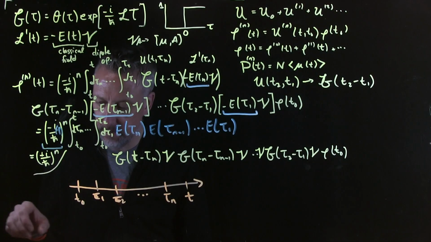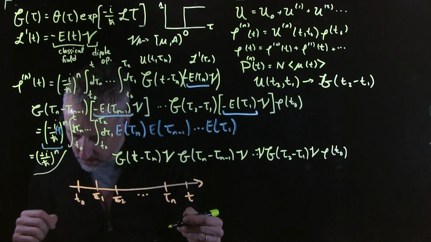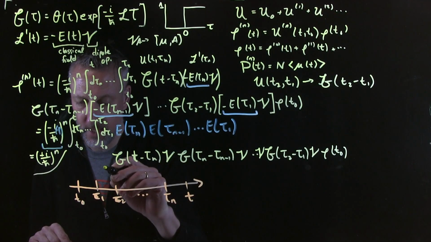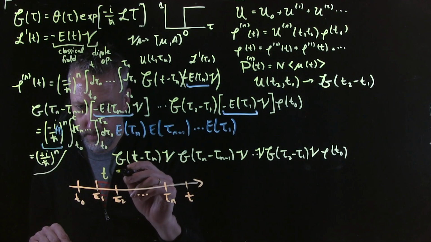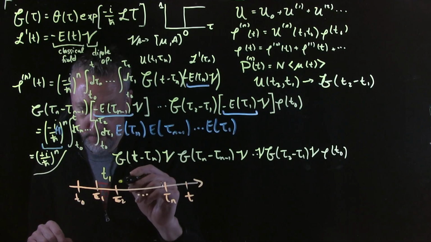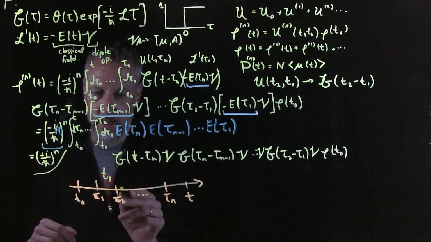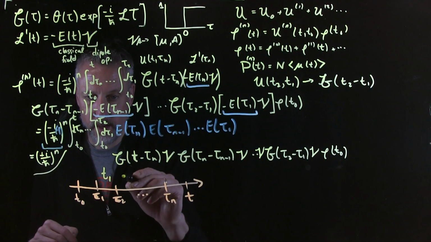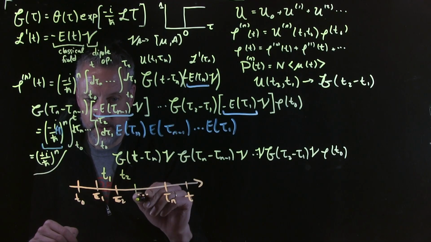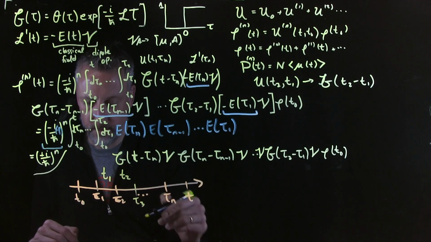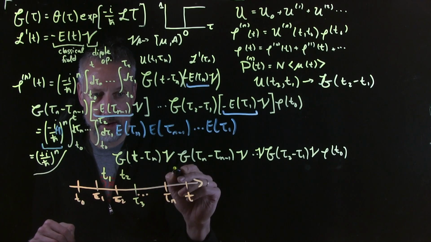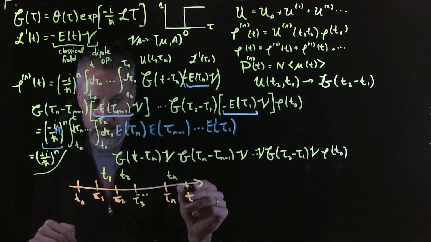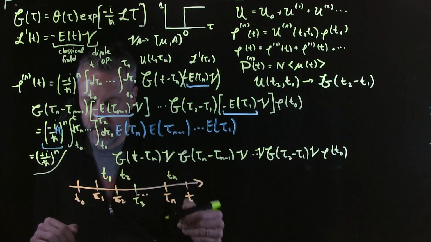We're going to define t1, with the regular Roman t, I guess, and that's going to be the time interval between tau 2 and tau 1. Then we're going to call t2 the time interval between tau 3 and tau 2, and so on, all the way up to t sub n, which is the interval between t and tau n.